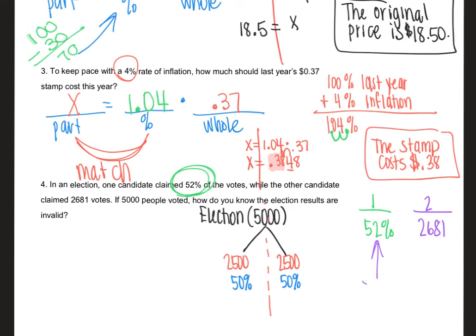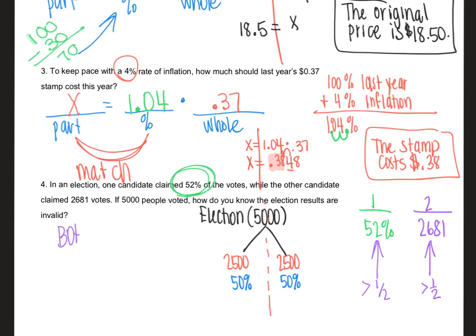This is above half, and this is above half. You can't have two candidates having above half if the results are going to be valid. If one is above 50%, the other would have to be below 50%. So that's how you know.